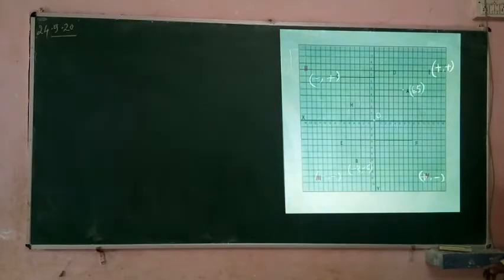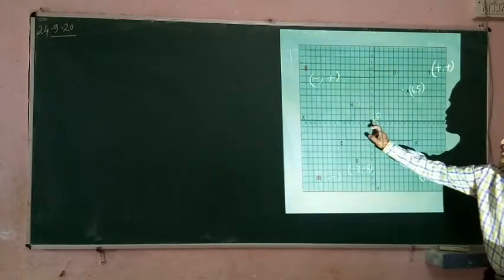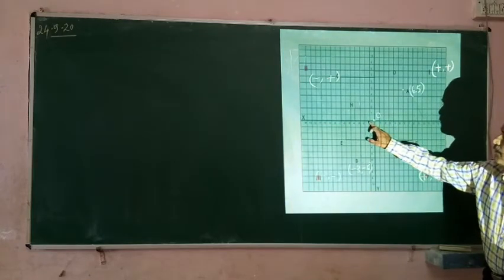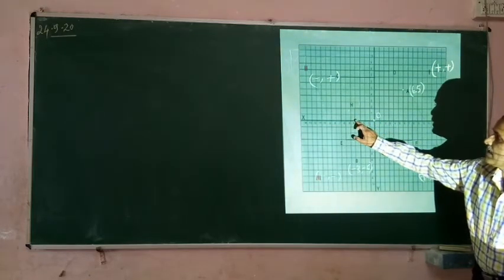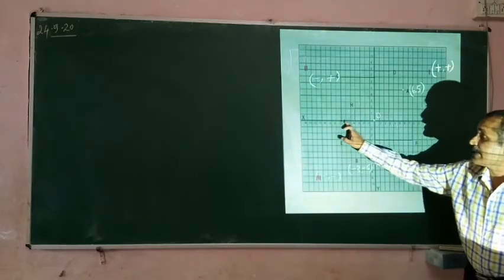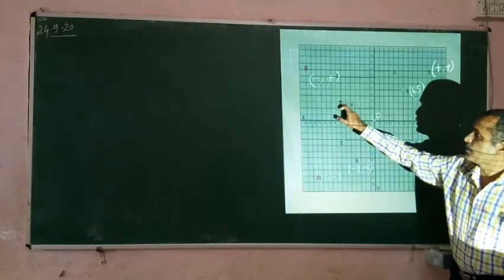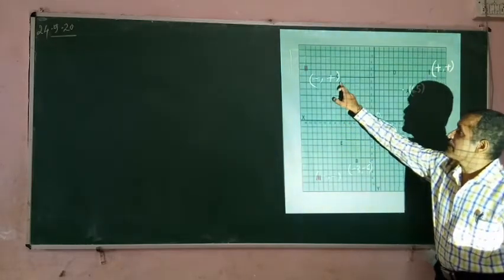Coming to point C. Point C is here. How to start? Always from the origin. Minus 1, minus 2, minus 3, minus 4, minus 5, minus 6, minus 7 along the x-axis. On the y-axis, 1, 2, 3, 4, 5, 6, 7.